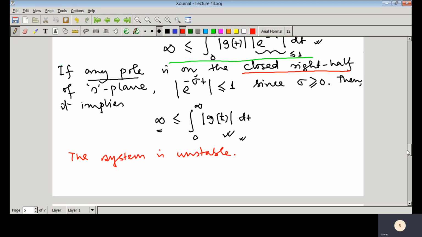So for testing stability in case of an LTI system, you need to ensure that all poles are in the open left half of the S plane. If any one of them goes to the closed right half of the S plane, then it would be unstable.